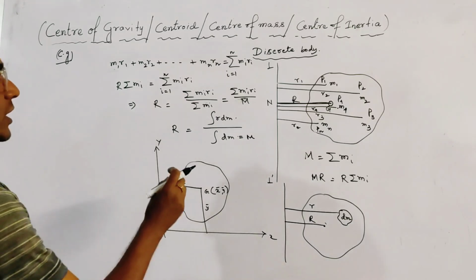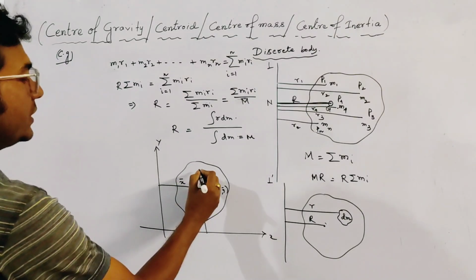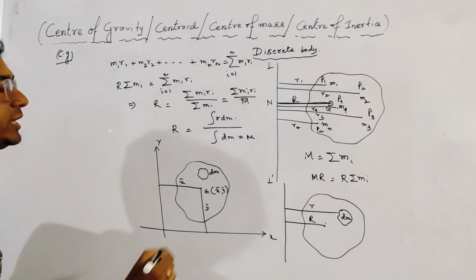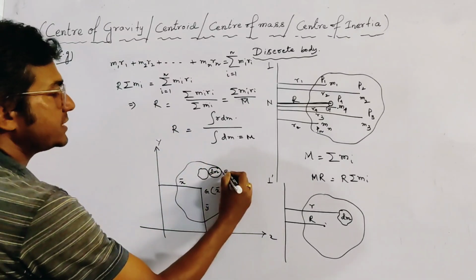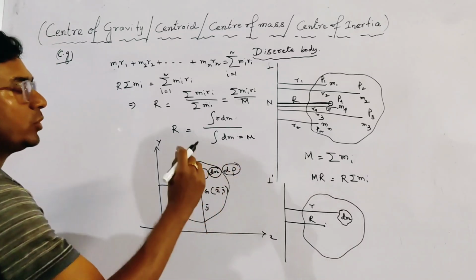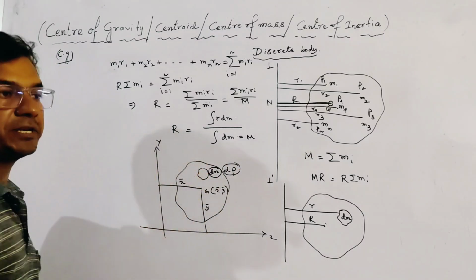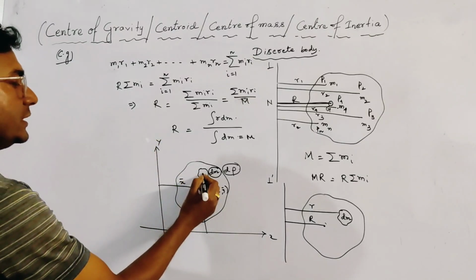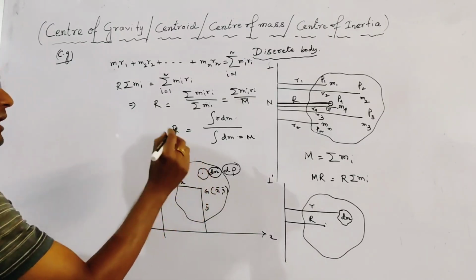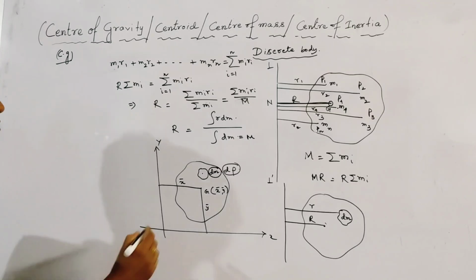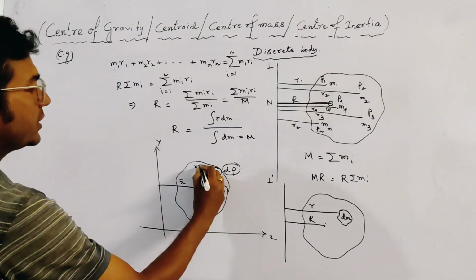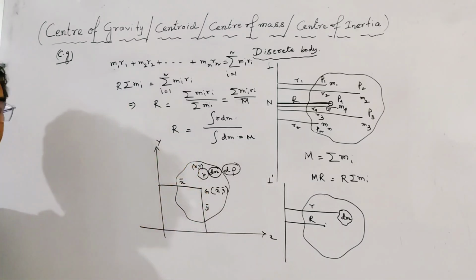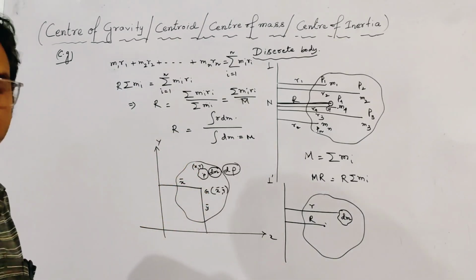Now we also take here an elementary mass dm, or it can be taken as d rho, where rho is the density of the material. The position of the elementary mass is also x, y, because any point P can be taken as x, y in two dimensions.